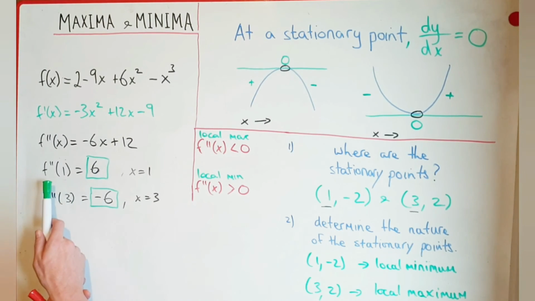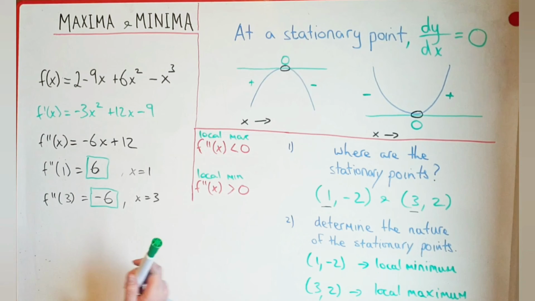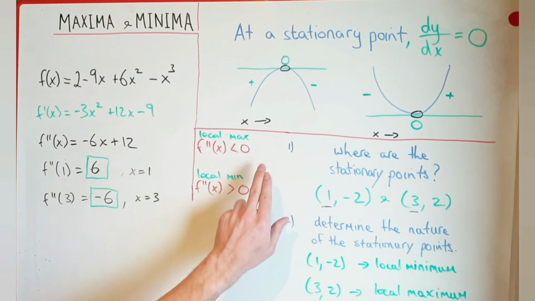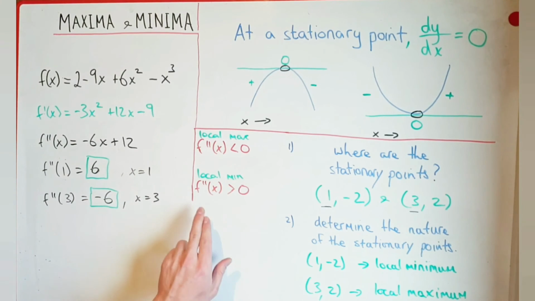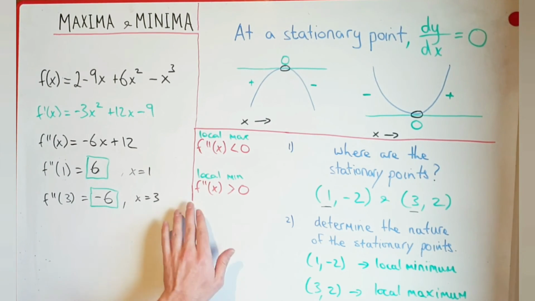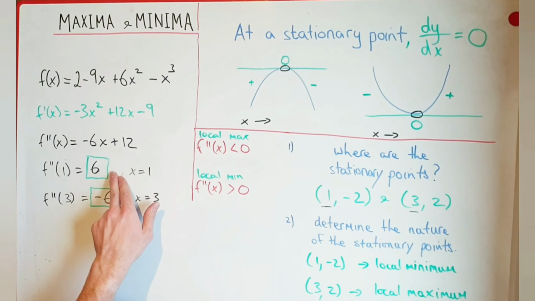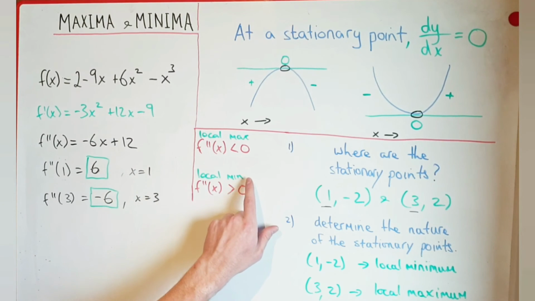We have to analyze our two results when we inserted the x values of each point into the second derivative. You can see that the first one gave us a positive 6, and I've written two rules over here. If the second derivative, when the value is inserted in, turns out to be greater than 0, which it is for our first example, that is a local minimum turning point.